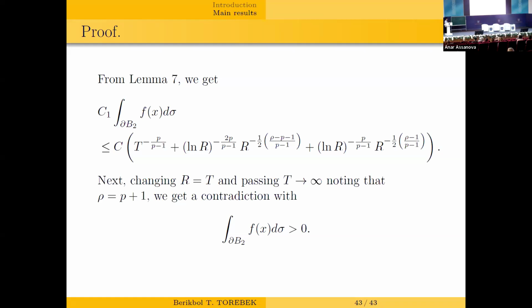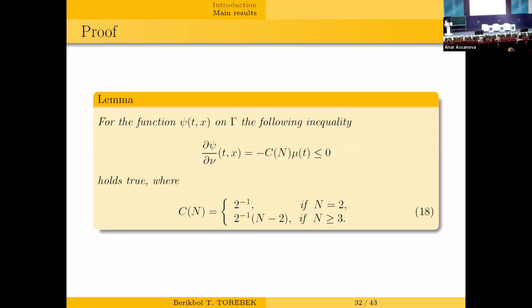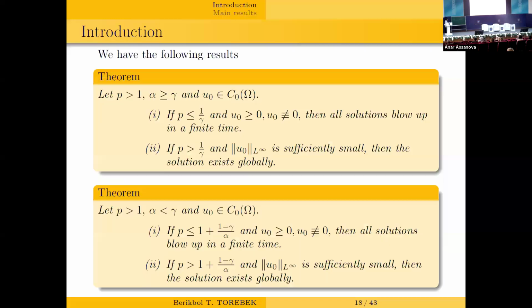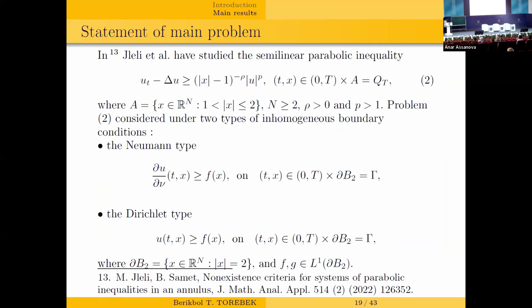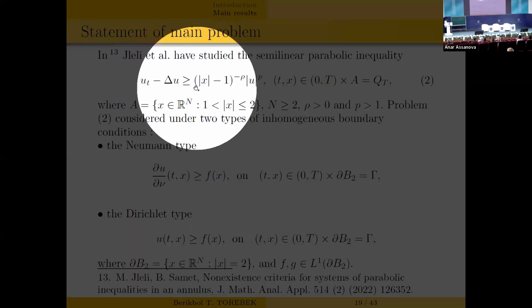This proves our theorem, and here let us come back to the formulation of the problem. Here we consider only Neumann and the Dirichlet boundary condition. Also, one can investigate, for example, a Robin boundary condition, or there is another interesting problem.